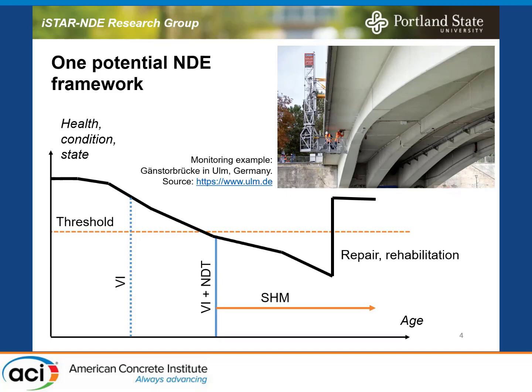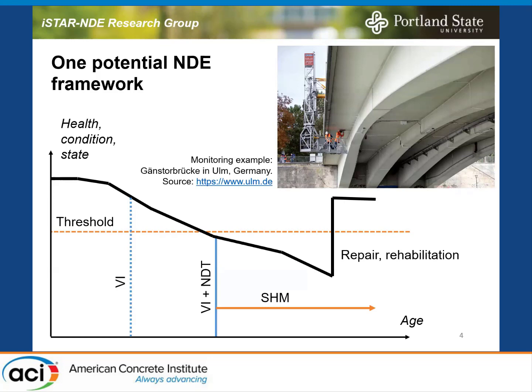It could be for the bridge or for a member, but you can see with age on the x-axis, we have a brand new member or structure. It starts to age and maybe the condition goes a little bit down. We could define a threshold where we say, okay, this is where we want to act. We might have some visual inspection at some point.